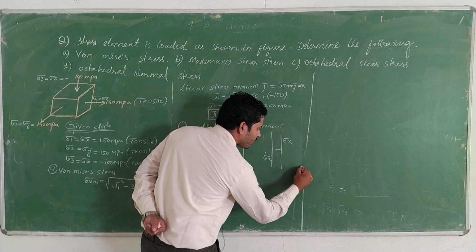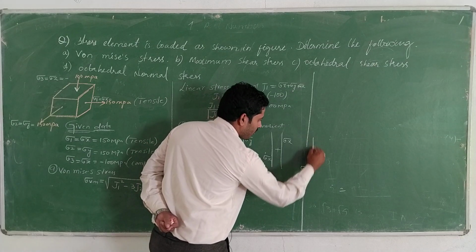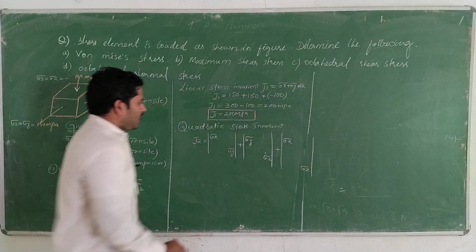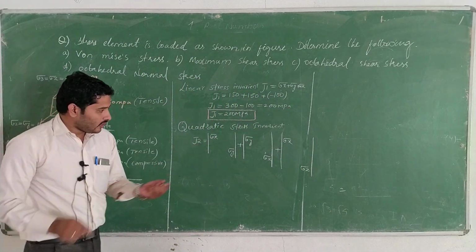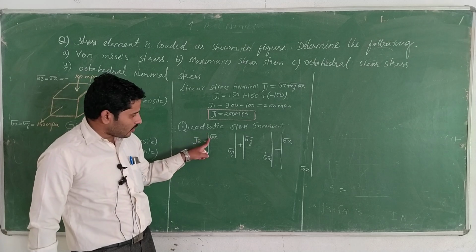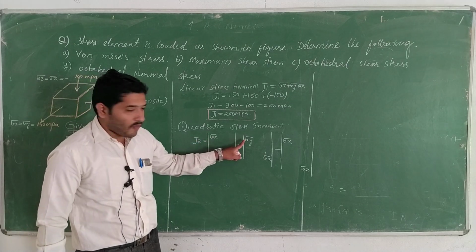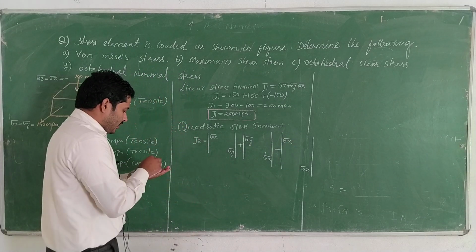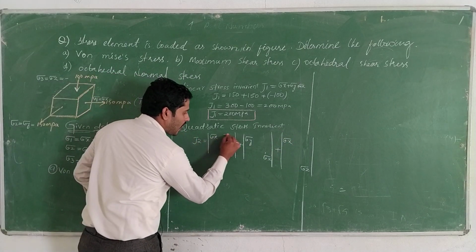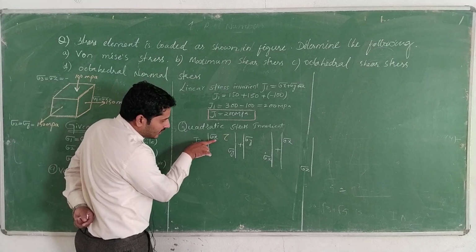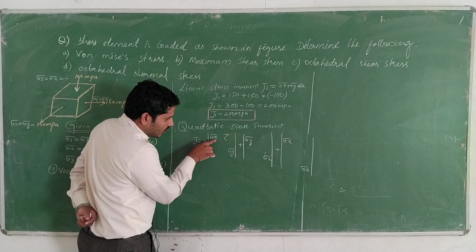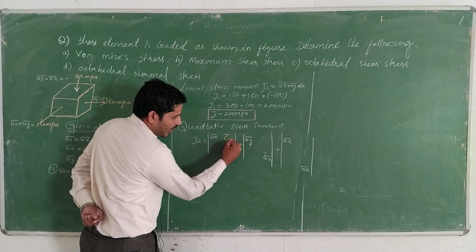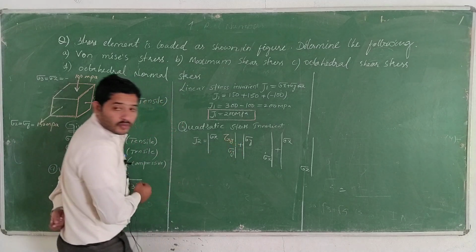Here we have to write in the modulus form: sigma x, sigma y, sigma z, sigma x, sigma z. Then we represent tau, the shear stress acting toward x and y. First x, after that y.